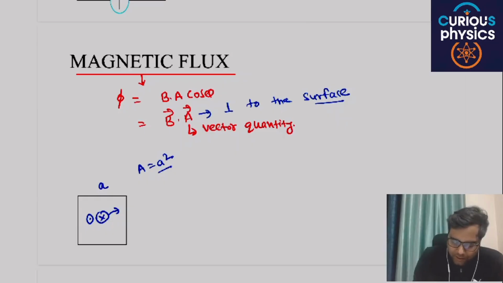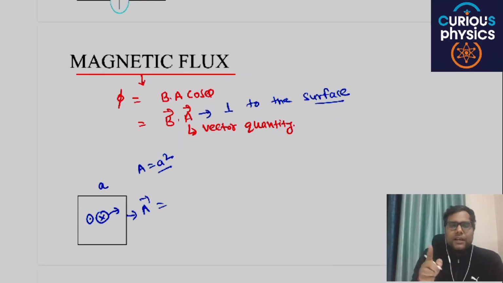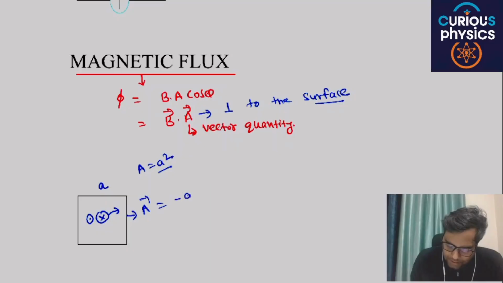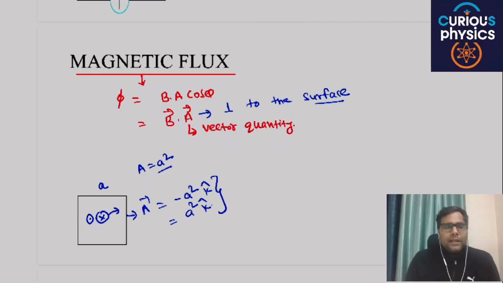In this case, for example, let's say this is the x-axis, this is y, then the area vector can be minus a square k cap or a square k cap. It is up to you how to choose a direction of area for an open surface. So this is magnetic flux.